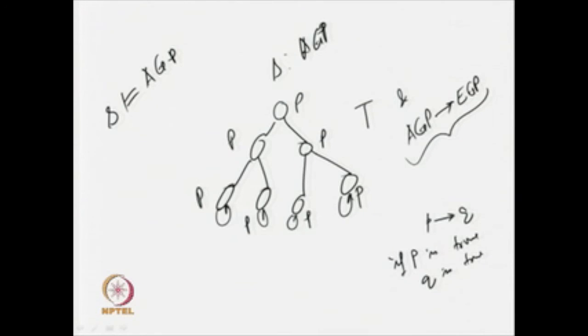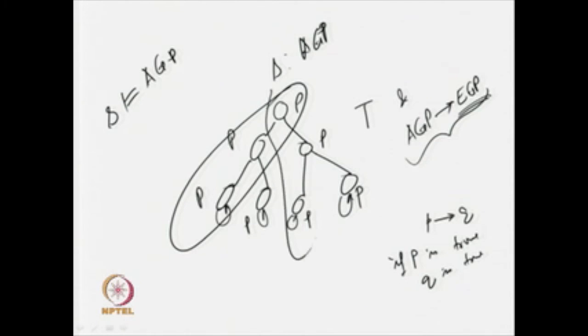Now, what is the second formula? It says there exists a path globally p holds. So, if p is true, then the second formula must be true. Now, here I am having several paths. Now, you can just think of one particular path, maybe this particular path, because we know that if in all paths globally p is true, there exists a path where p is globally true. Okay, because we are going to get any path where this holds.